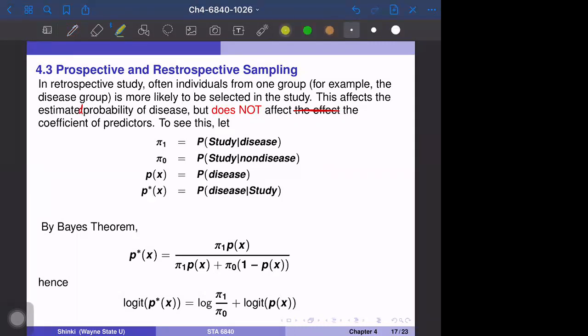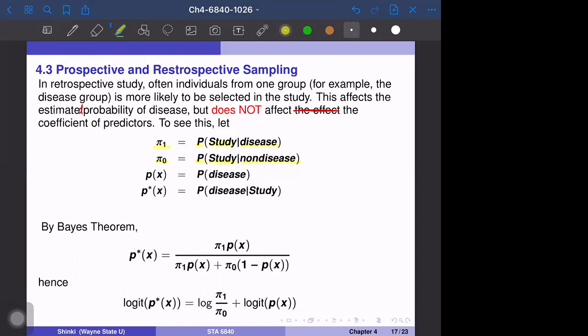So at first, we define several quantities. The pi1 is the conditional probability that an individual is included in the study, given that the baby has disease. And pi naught is the probability that the baby is included in the study, given that the baby does not have disease.